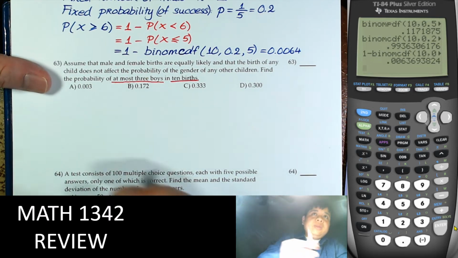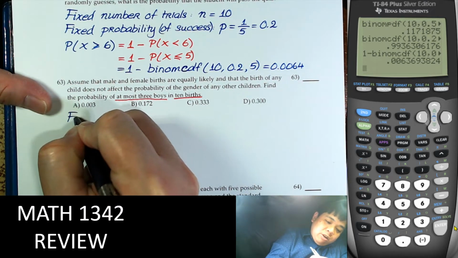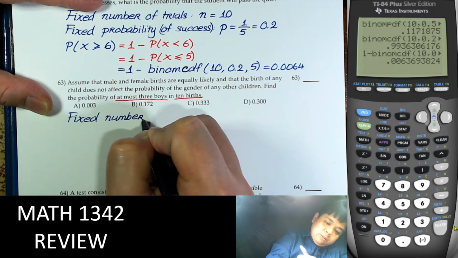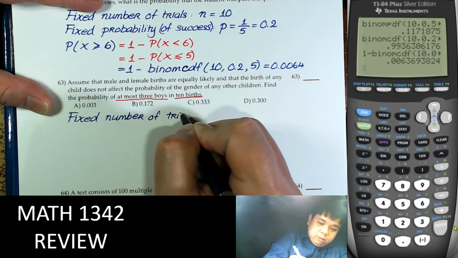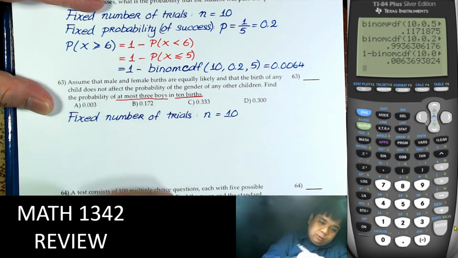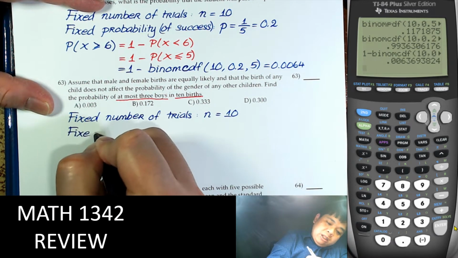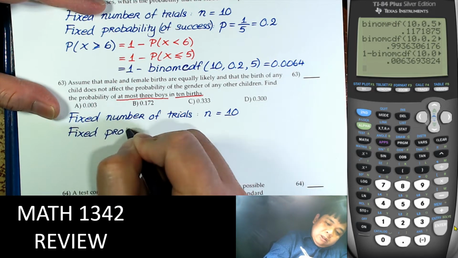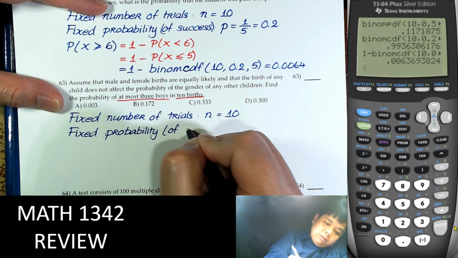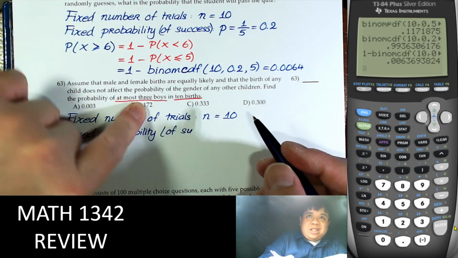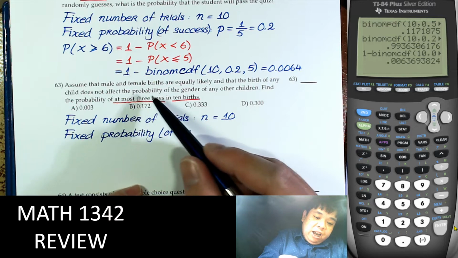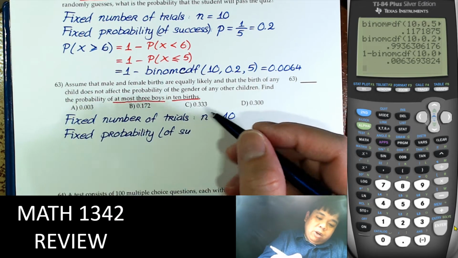We still have a fixed number of trials, and the fixed probability of success. In this case, success is having some certain characteristic, in this case, having a boy.